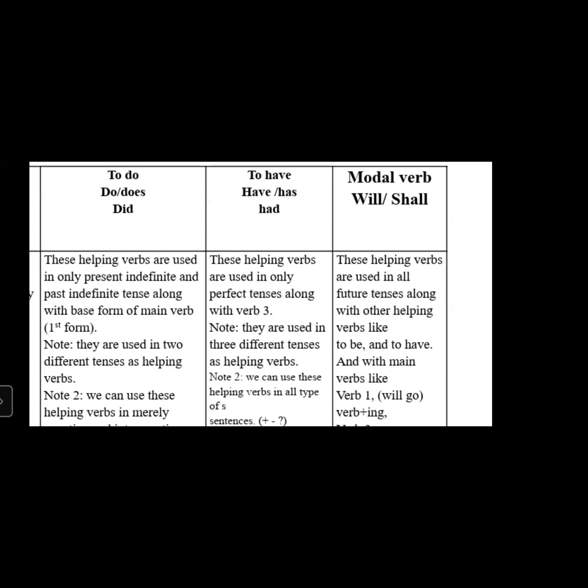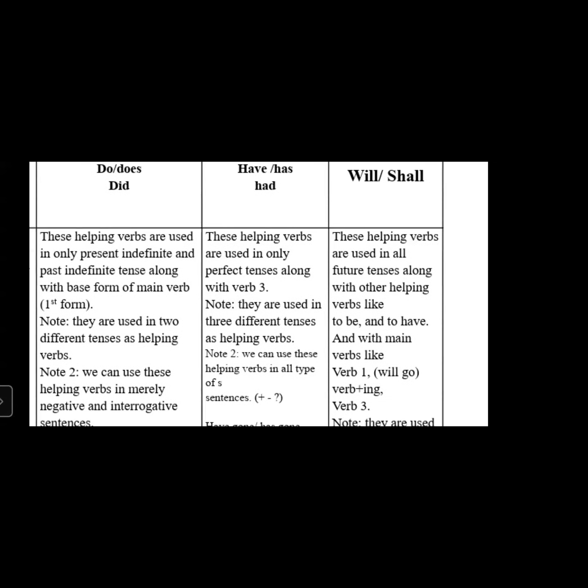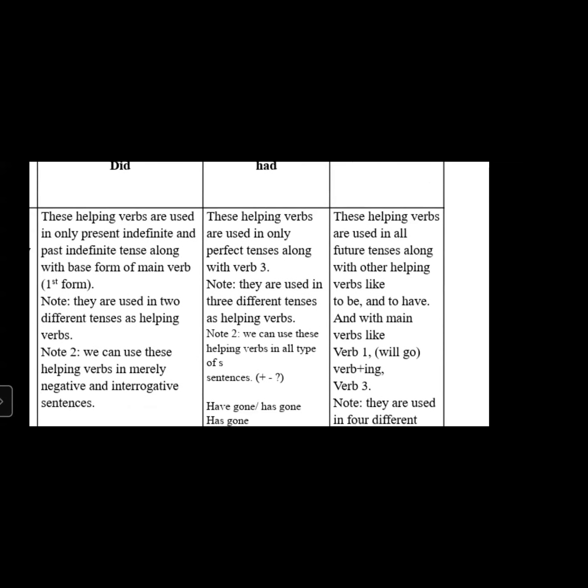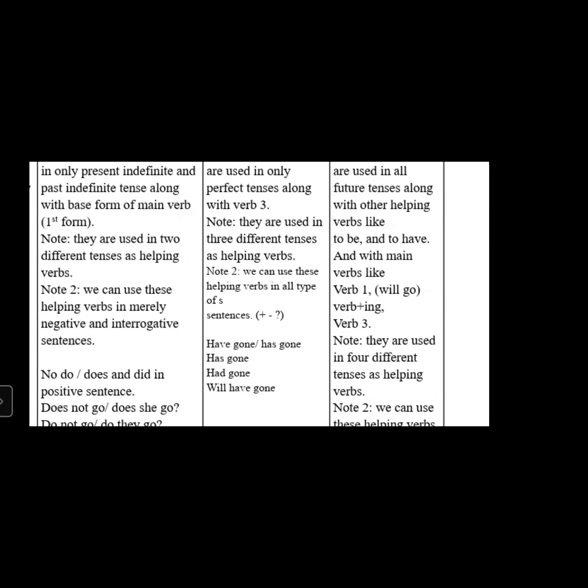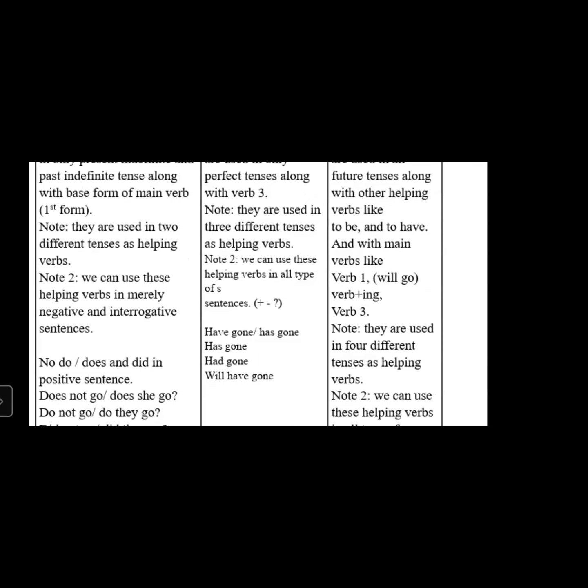You can never bring is, am, are, was, were, been before verb 3. Verb 3 से पहले क्या आ सकता है? Have आ सकता है, has आ सकता है या had. These helping verbs are used only in perfect tenses with verb 3. They are used in 3 different tenses. We can use these helping verbs in all types of sentences: have gone, has gone, had gone, or will have gone.